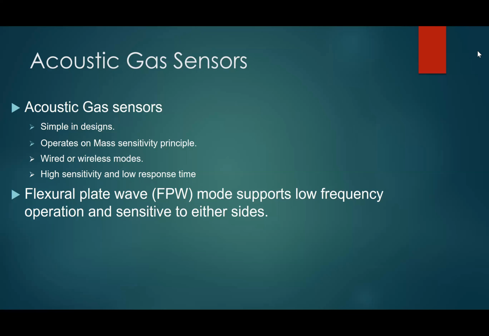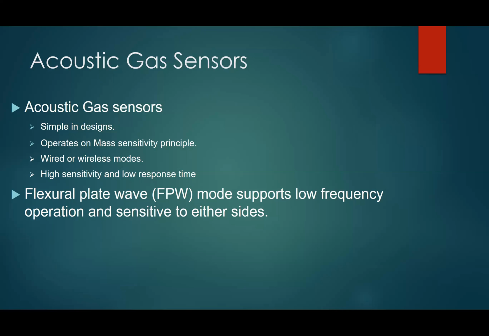If you look at acoustic gas sensors, there are different modes of operation, like thickness shear mode, flexural plate wave mode, surface acoustic wave mode. Among them, flexural plate wave mode has a lower frequency of operation. For these types of sensors, you can put the gas sensitive layer either on the interdigitated transducer side or on the other side of the IDT.